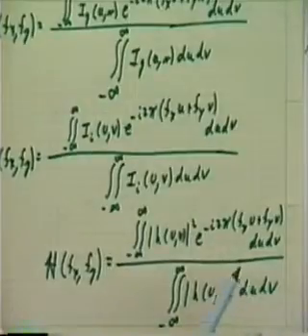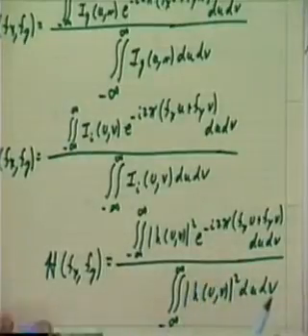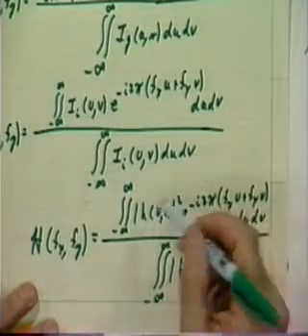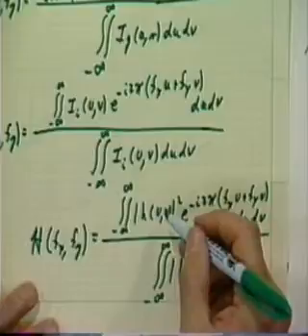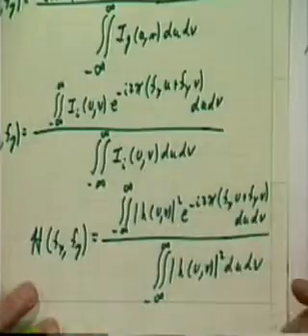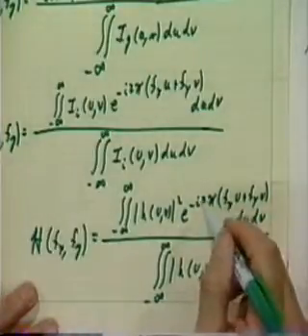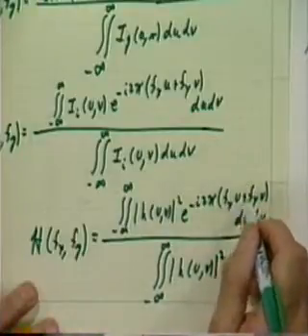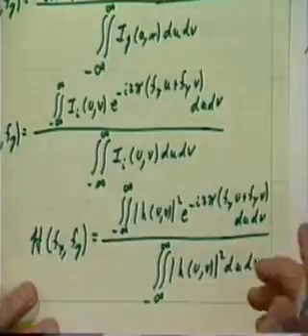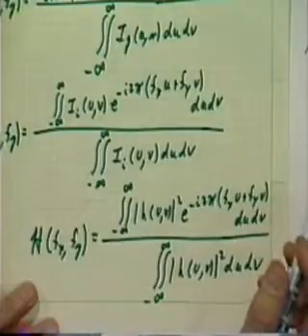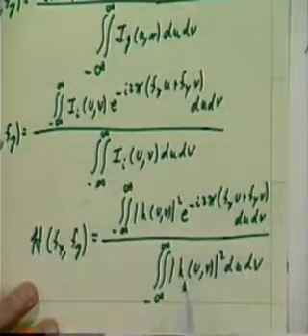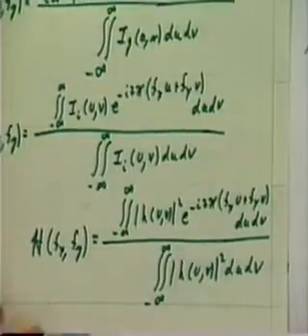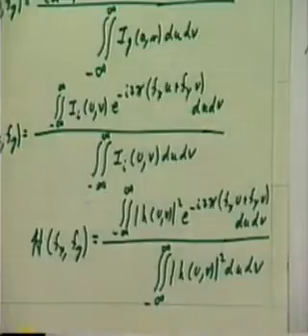And then I think right at the end of the class, we took the Fourier transform of the intensity point spread function. So it's the magnitude of h of u, v squared, and e to the minus i 2 pi (f sub x u plus f sub y v) du dv. And again, we normalize that by dividing by the result for zero spatial frequency.